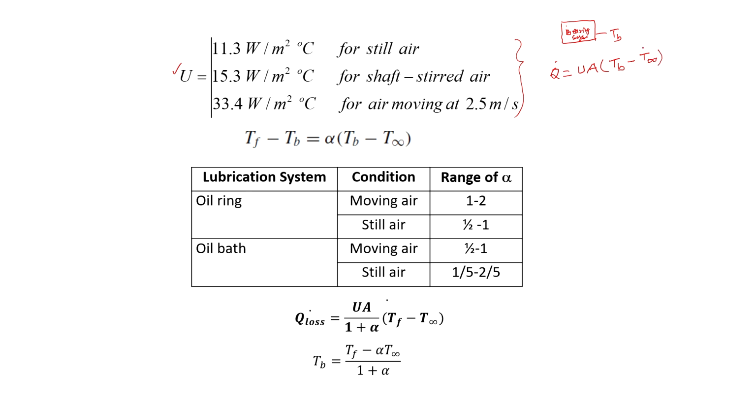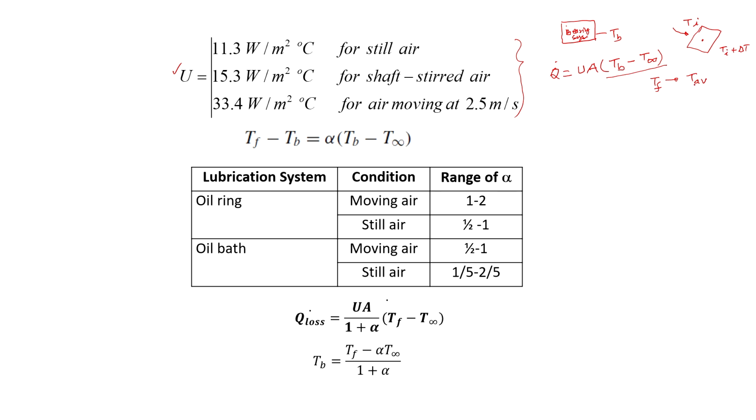Well, now this can also be written in terms of the fluid film temperature Tf, where Tf is based on the average temperature, because we know that if the inlet temperature is Ti and the outlet temperature is Ti plus delta T from the bearing housing, then the temperature of the fluid inside the bearing will be the average of these two.